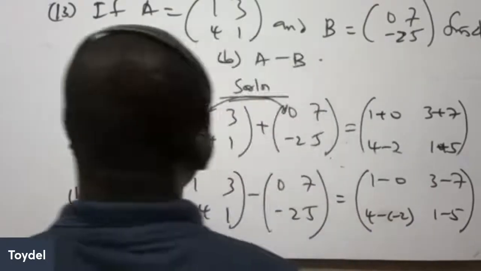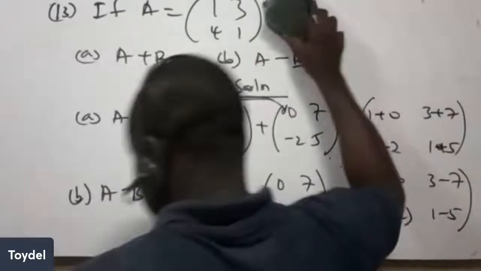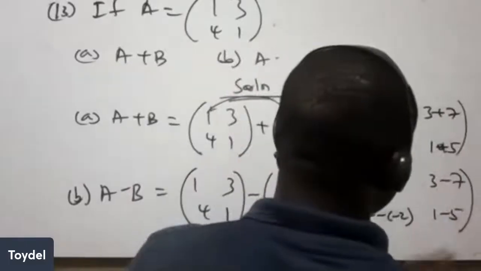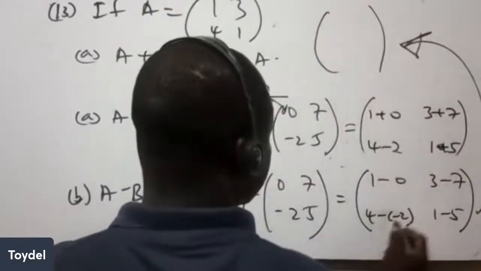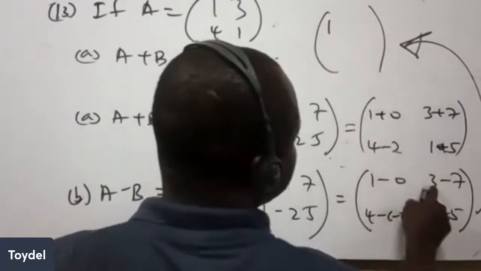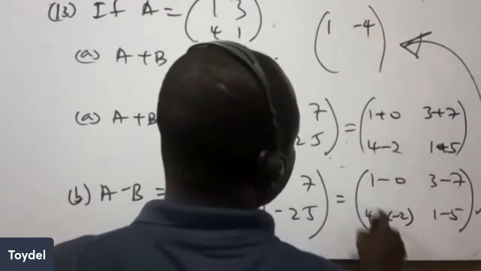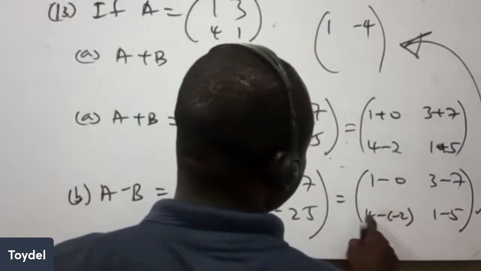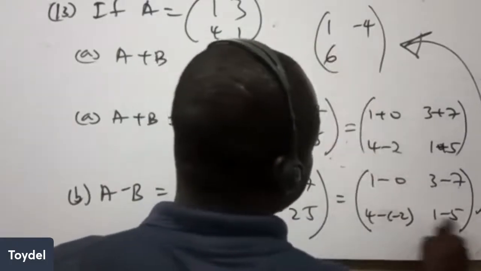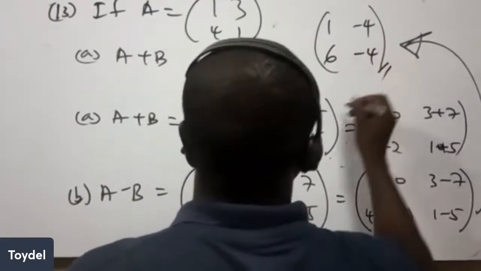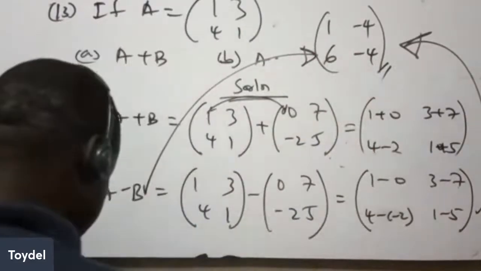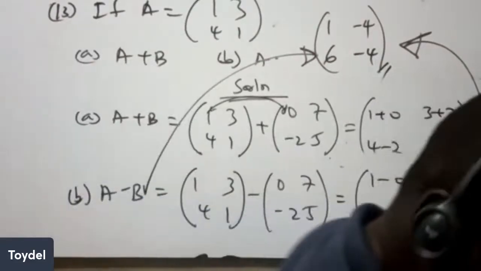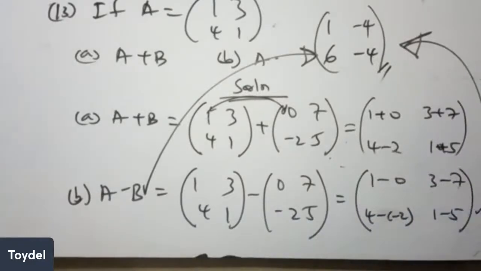So if I solve that, 1 minus 0 is 1. 3 minus 7 is minus 4. 4 minus minus is plus, so 4 plus 2 is 6. Then 1 minus 5 is minus 4. So A minus B will give me this value, once we follow it step by step.